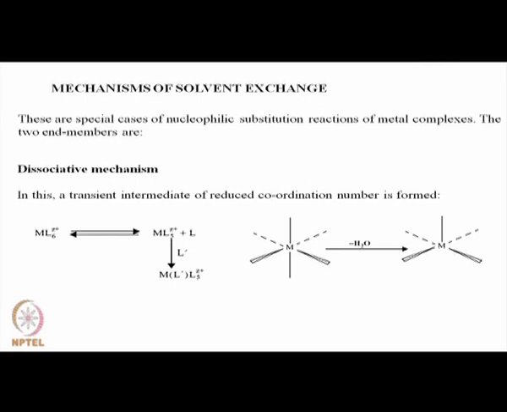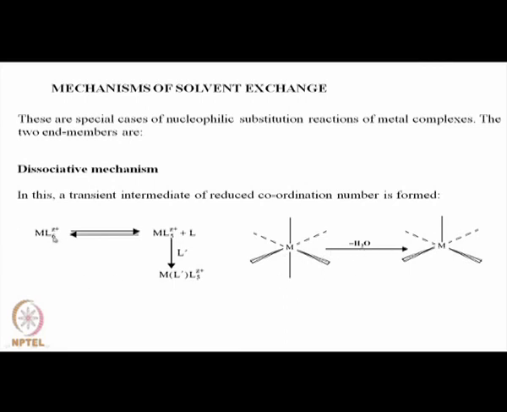So, it is a dissociative mechanism. In this case, a transient intermediate of reduced coordination number is formed. That is the two end members; this is a reduced coordination state. Okay, so this is one member, this is another member, and water has been taken off.